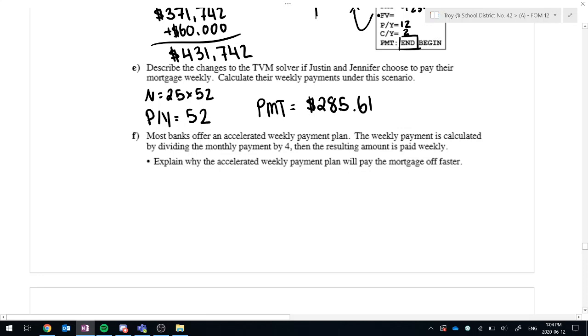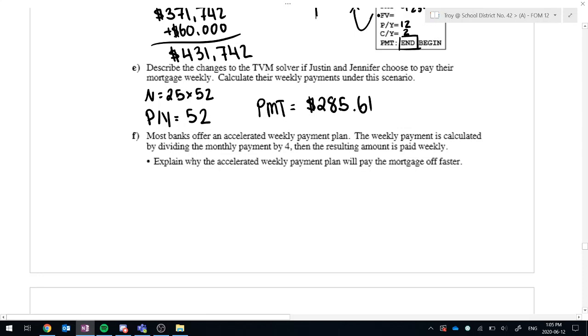Paying monthly would be 12 periods, and paying weekly would be 52. And if you remember from when we first looked at compound interest, the more compounding periods we had, the more money you would end up spending in interest. So basically, if you were to complete the option of weekly payments, you would end up paying more money overall in interest.